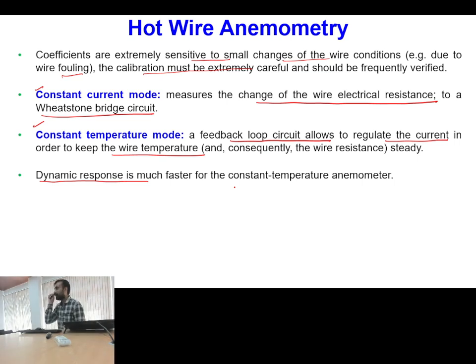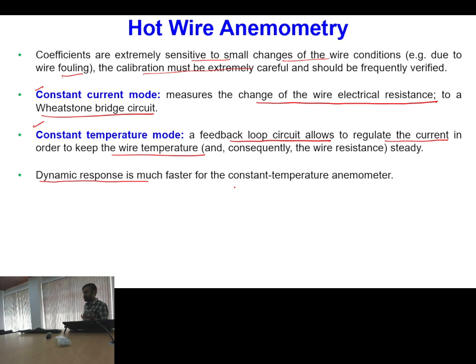Typically in constant current mode, what are we doing? We are maintaining the same value of current, and corresponding to that value of current, depending upon the changes in the flow, our resistance is changing. In order for the resistance to change, the temperature of the wire should change.